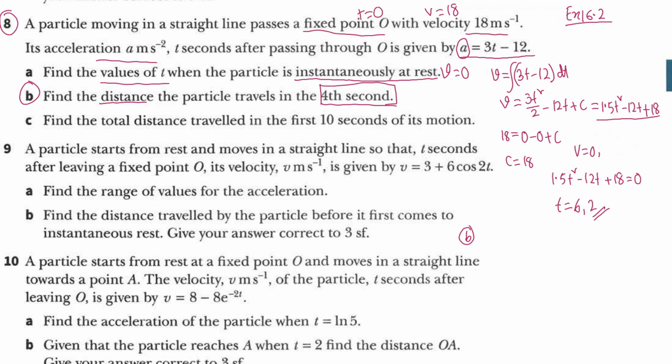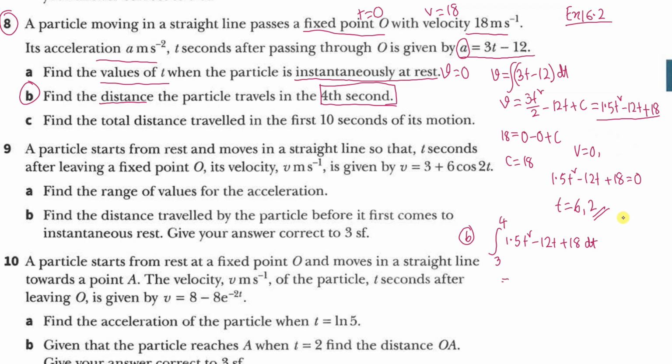So our velocity expression, we got 1.5t square minus 12t plus 18. Let me integrate this dt, and we're going to integrate from 3 to 4 because our distance we're going to get from 3 to 4 seconds.